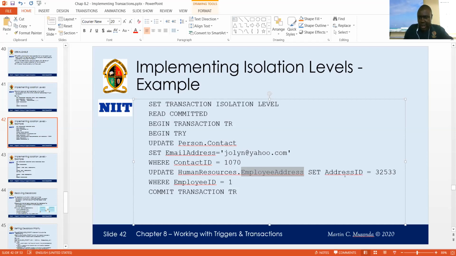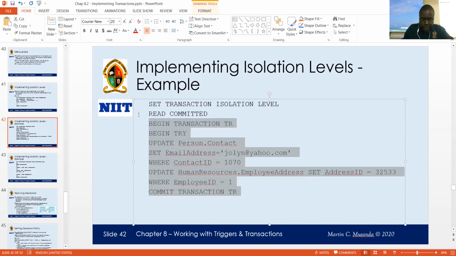We're going to set the address to this value for the employee ID one. And we'll commit the transaction there. Okay, so that's the first example.